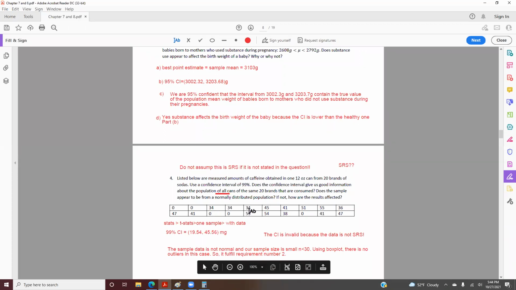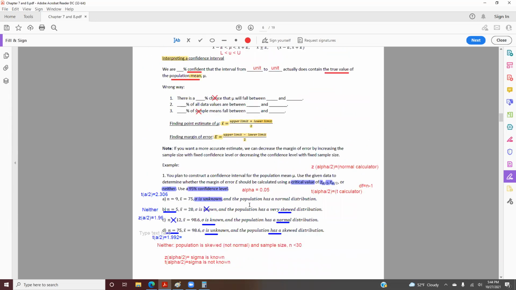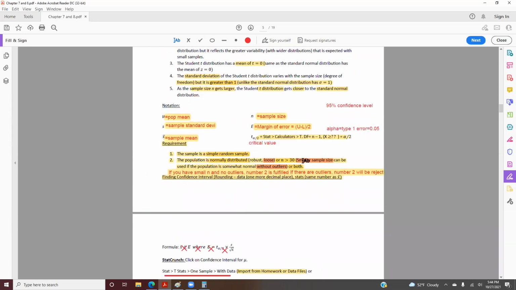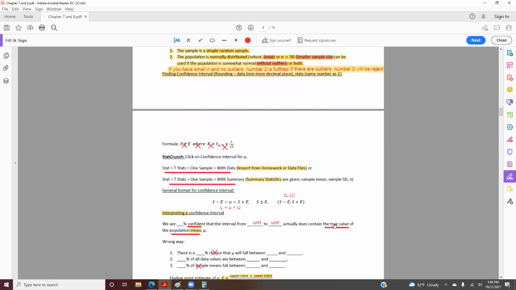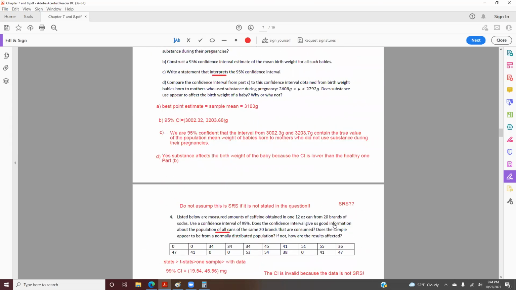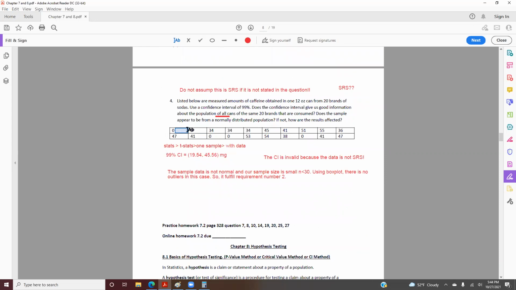Our second requirement says that it has to be a normal distribution, and your population has to be big. But if you read carefully the condition here, it says that if you have a small sample size, then make sure you check for what? Outliers. So what we did on question number 4 here is we have a lot of zeros, and those zeros can be outliers. So we want to figure out if there are any outliers because our sample size is small here.